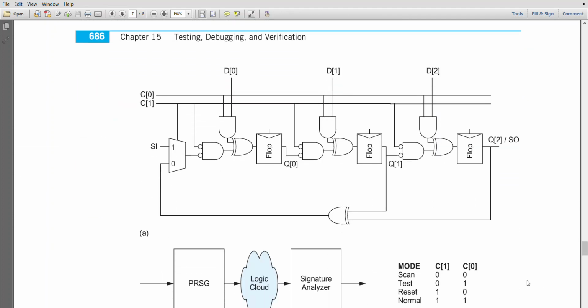So in scan mode, both are 0. If both are 0, whatever the input towards this, the output of this AND gate will always be 0.